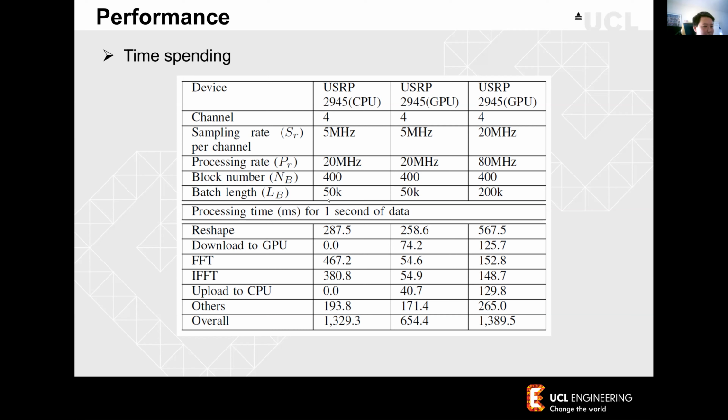The batch length is kept at 50K for the first two, and for the USRP at 80 MHz it is kept at 200K. So this will use the full sampling data from the sampling rate of the system.